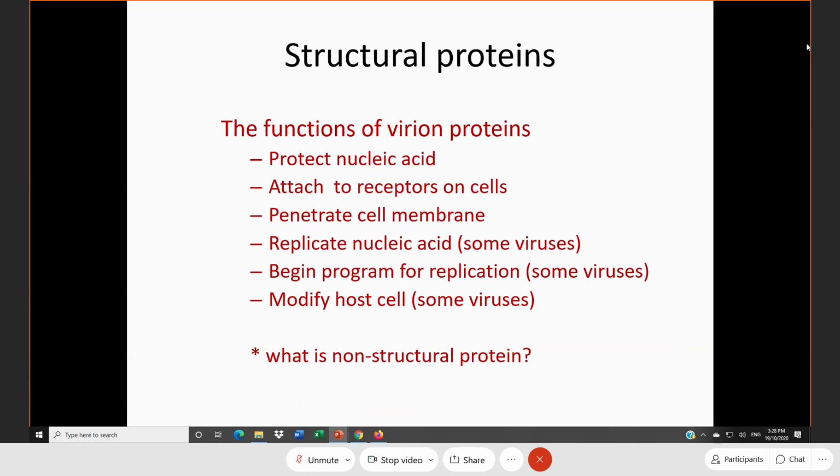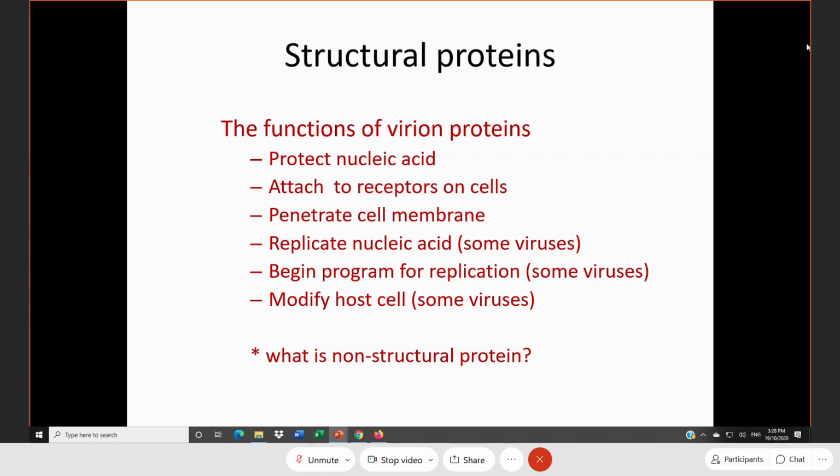What is structural protein and non-structural protein? You learn biochemistry, right? So structural protein is the protein that forms the structure of the virus itself. Non-structural, what are those? Basically, they are enzymes. Enzymes are actually non-structural. So what are the functions of non-structural protein?